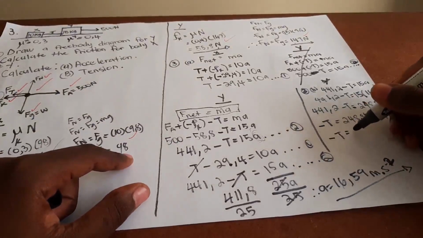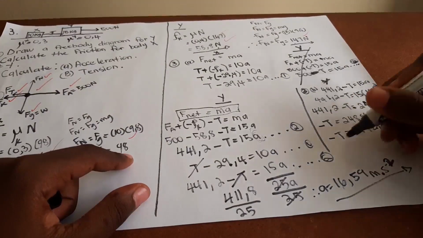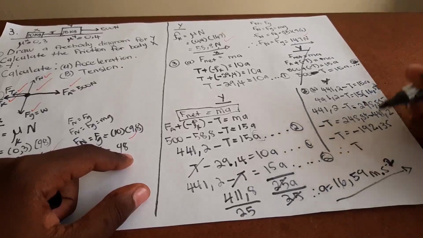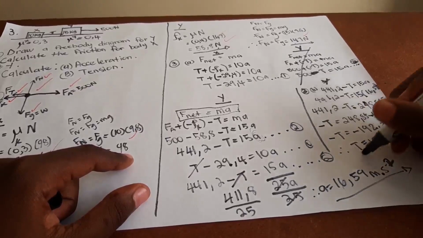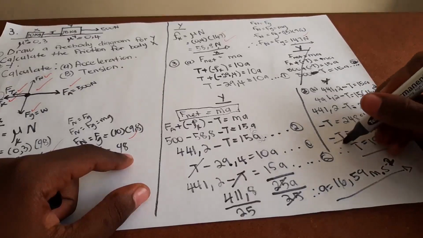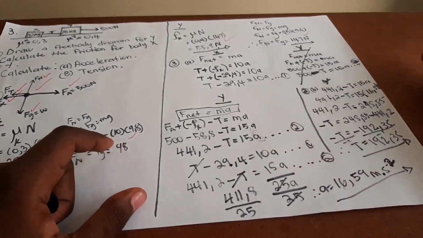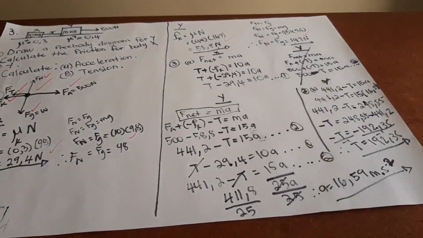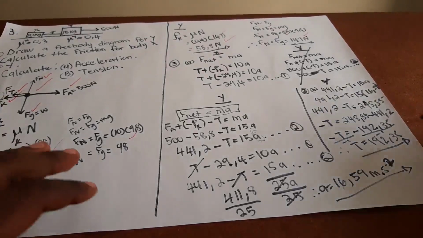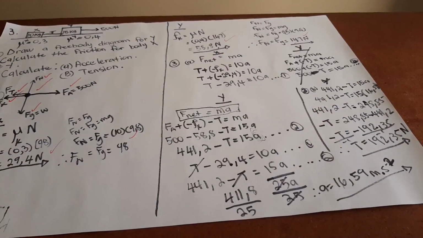Negative T is equal to negative 192.35. Therefore T is equal to 192.35. We divide both sides by negative 1, that's why you have a positive answer. So T is equal to 192.35 newtons. That's how it goes, guys.